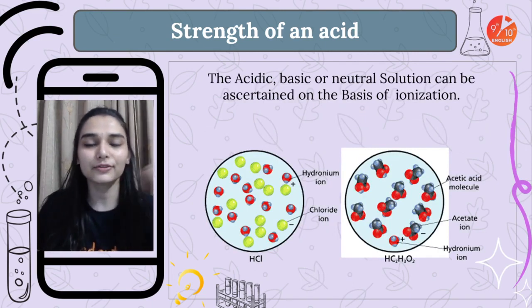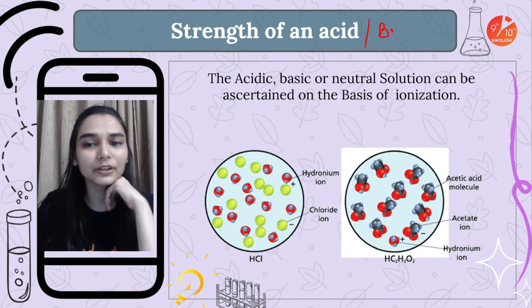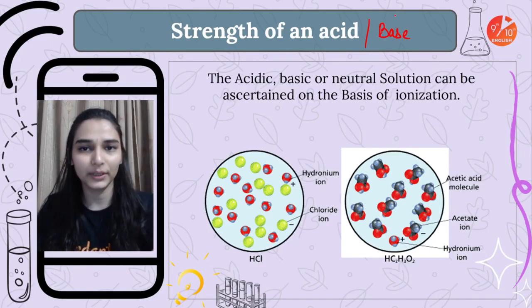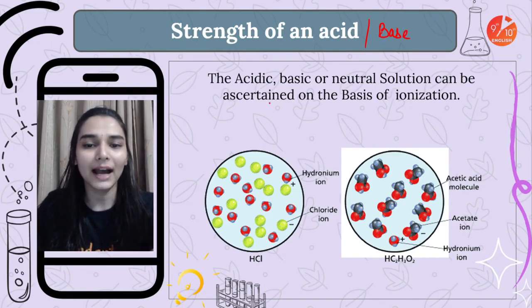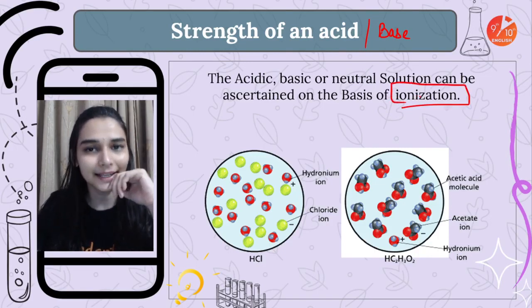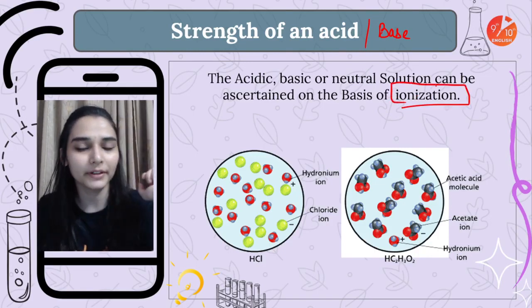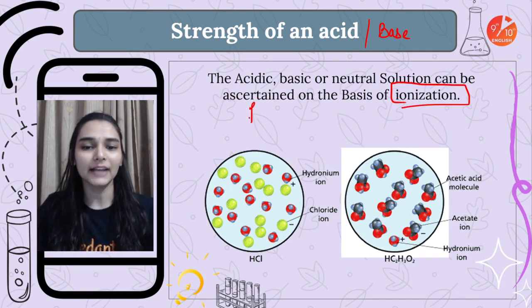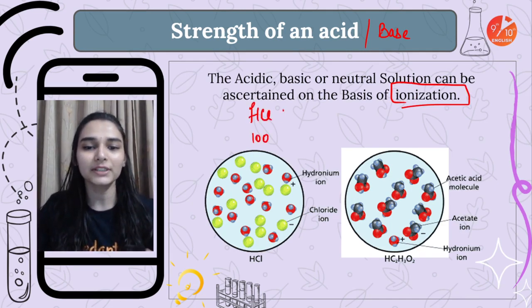So to find the strength of an acid, not just an acid, even if you want to find the strength of a base, it's very simple. You have to see their ionization. You have to see the extent of ionization in water. Like I have taken, let's say, 100 molecules of hydrochloric acid in water.